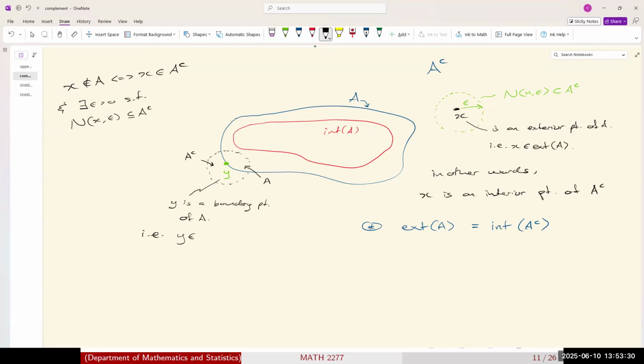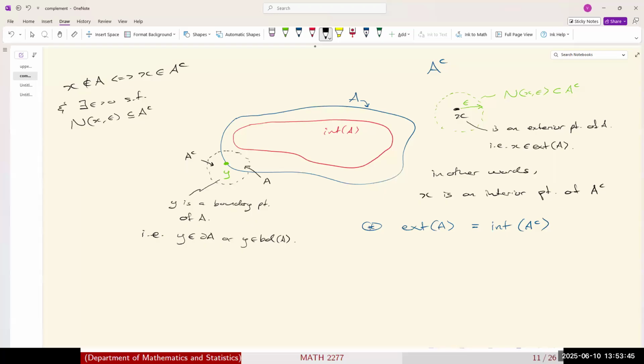So how to write the boundary? It's usually denoted by the symbol, or Y belongs to BD of A. Any way you want to write it. So these are the boundary points.